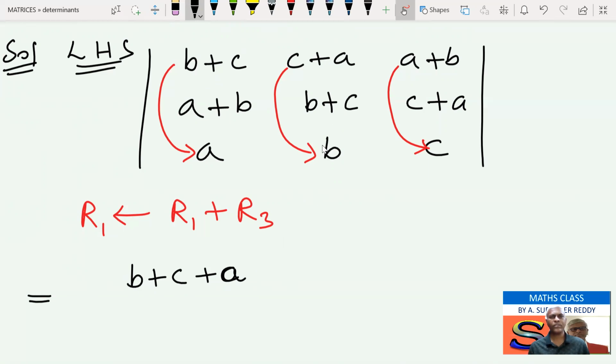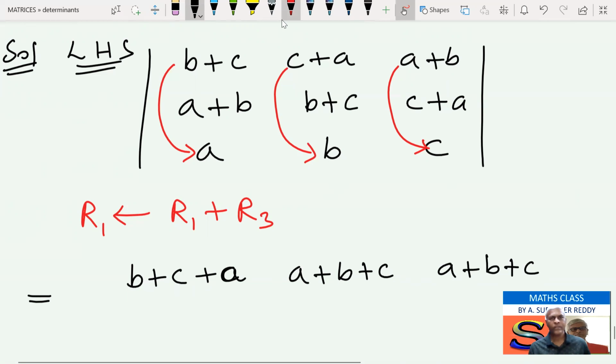And the second element also, C plus A plus B, can be written as A plus B plus C. This also A plus B plus C. So you can write all of it as A plus B plus C. And you can change the second row also.